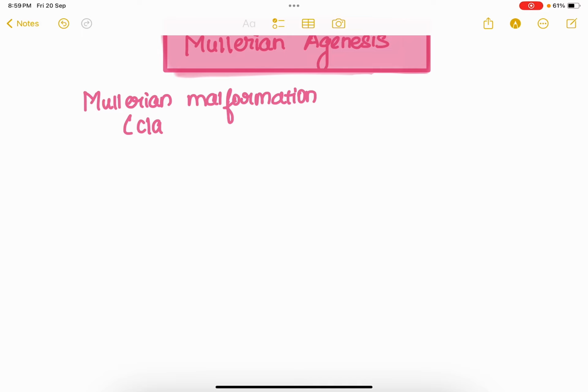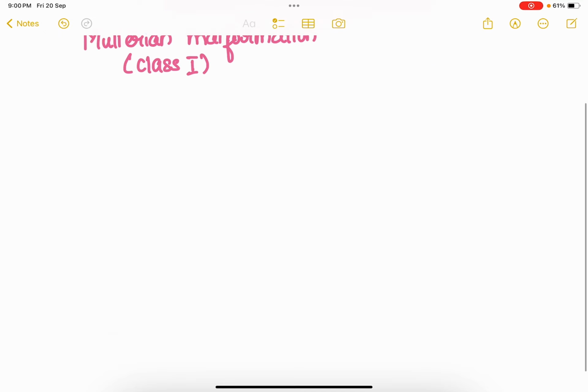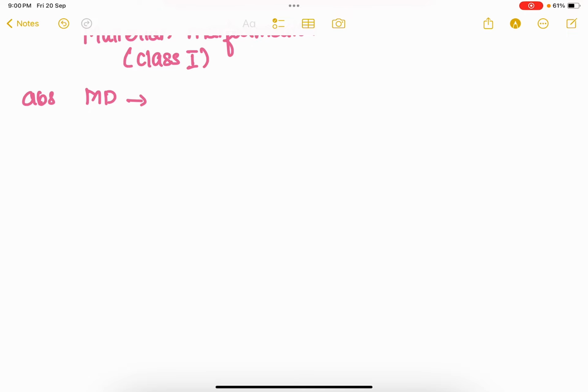This is class 1 of Mullerian malformation, where there is no Mullerian duct formation. Therefore no female internal genital organ is going to be present in these females.